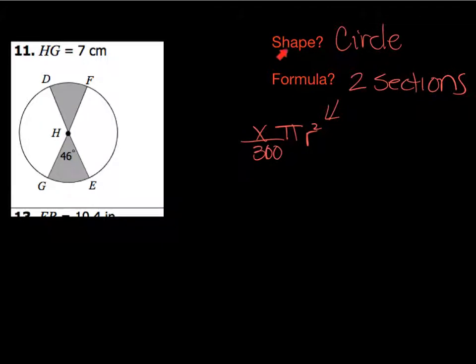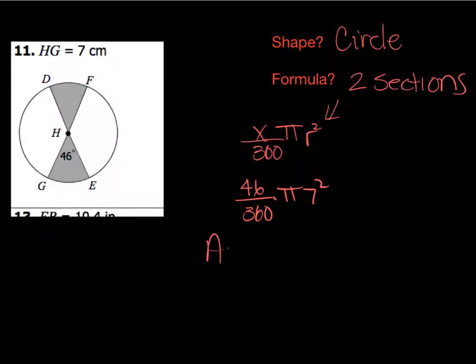Well, we take a look, and this picture looks a little odd, but we want the shaded sections. So the shape is a circle. We have two sections. Let's find one at a time, and then we'll add them together. x over 360 times pi r squared is going to be the formula. We can see that the arc and the angle are the same. It's 46 over 360 times pi r squared, which is 7 squared.